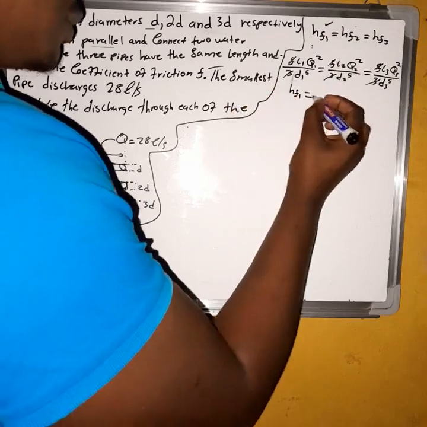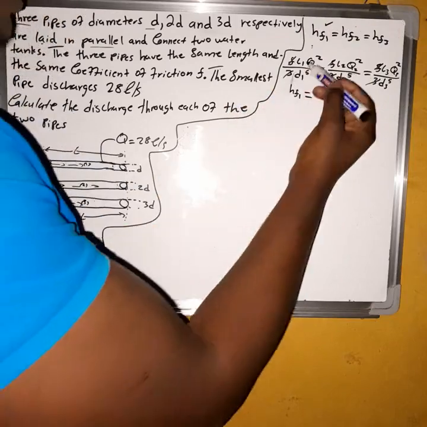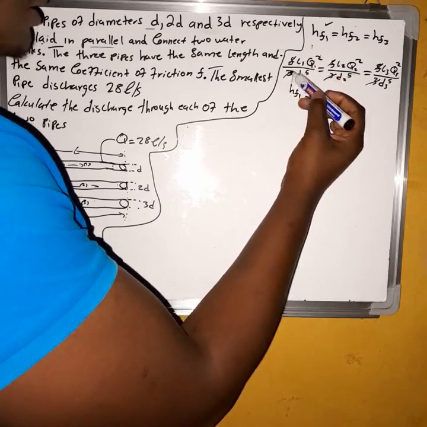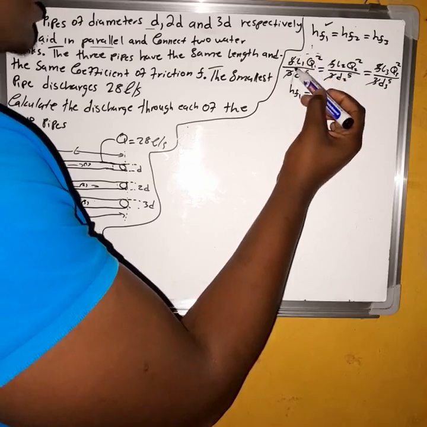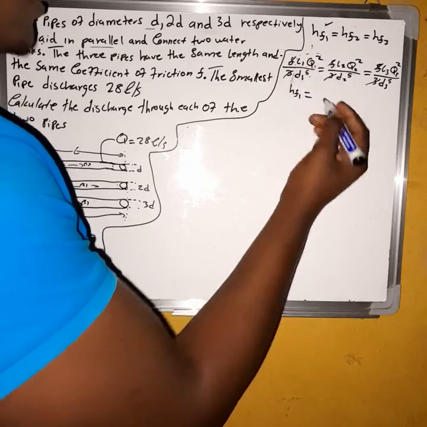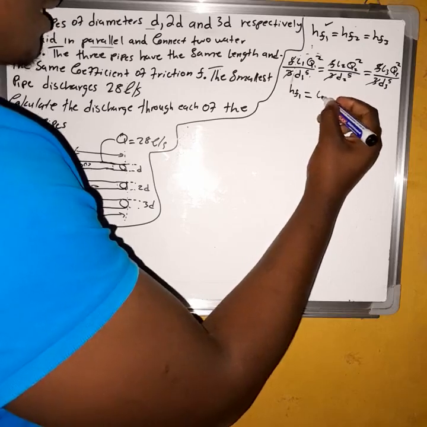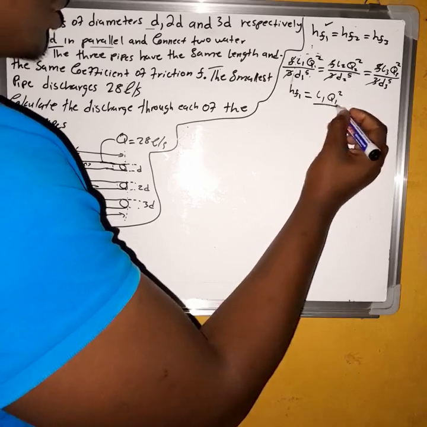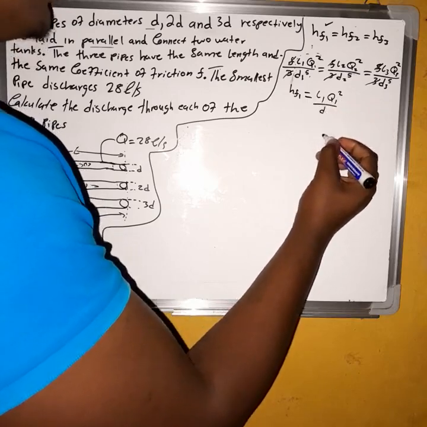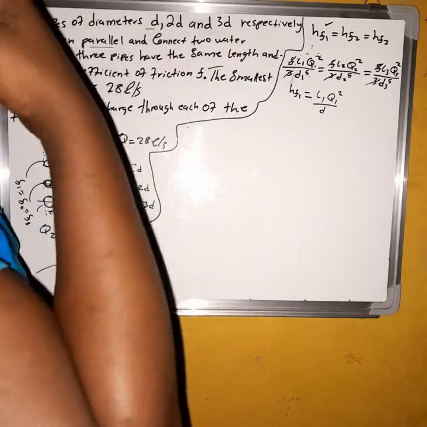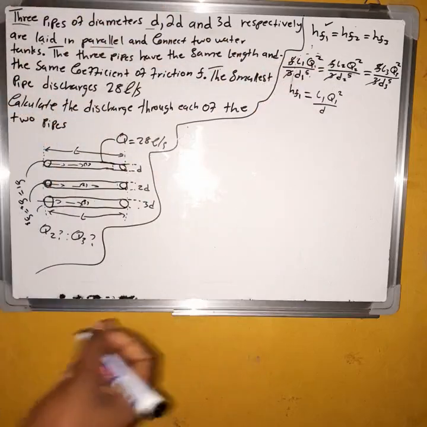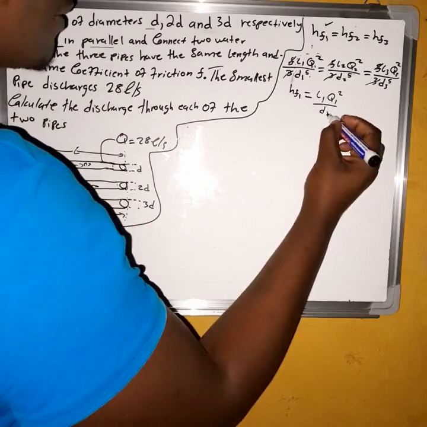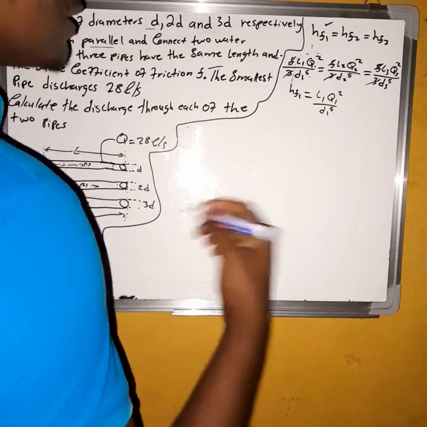HF1 equals, remember we've already cancelled this and this. If you take only this stuff here, it will be L1 Q1 squared over D1 raised to the power 5, isn't it?